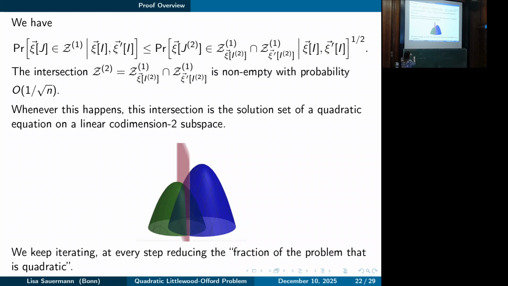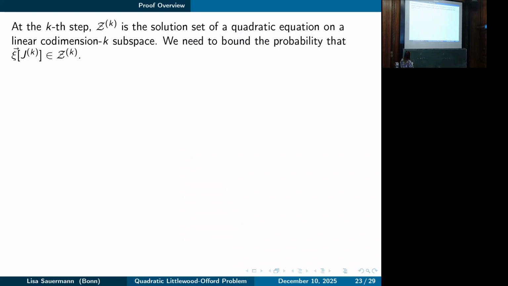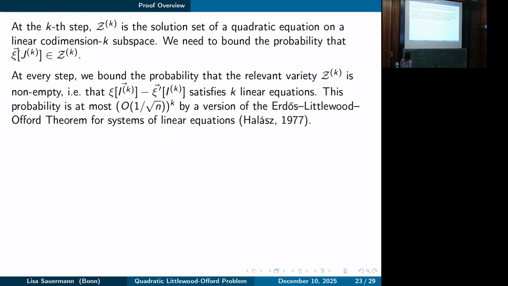So this picture suggests, and in fact you can check this properly, that this intersection is now given by one quadratic equation on a linear codimension 2 subspace. At the k-th step, we then have the solution set of one quadratic equation on a linear codimension k subspace, and we need to bound this probability.